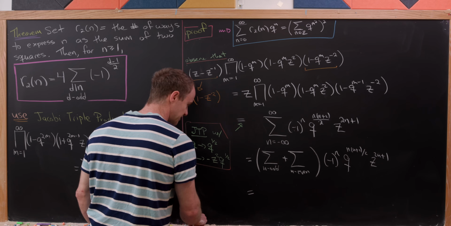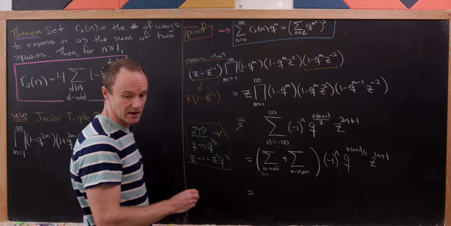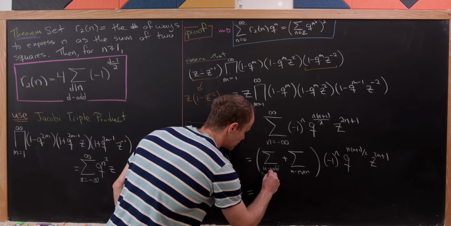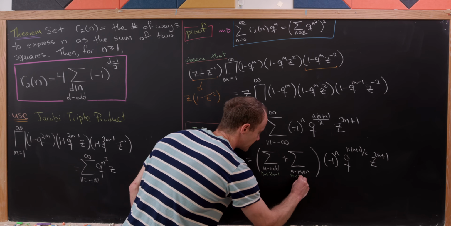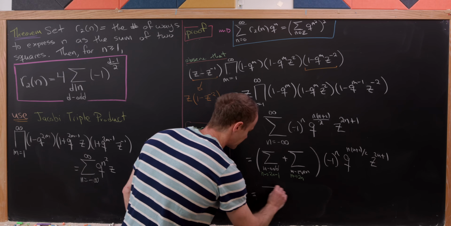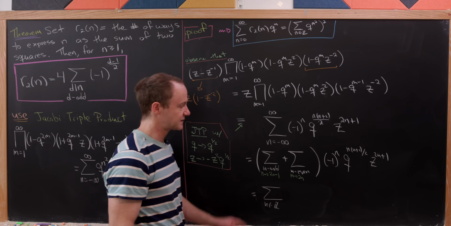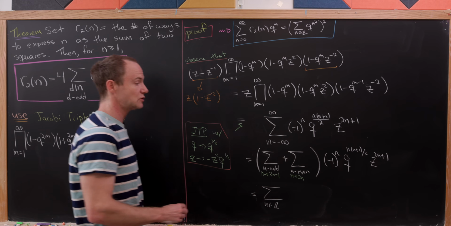So maybe just to sketch that here, this would be replacing the n's with 2n minus 1. And here it's replacing all the n's with 2n. Okay, cool. So that's going to leave us with the sum over all integers n of, so we're going to put the positive ones first, so that'll be replacing n with 2n.